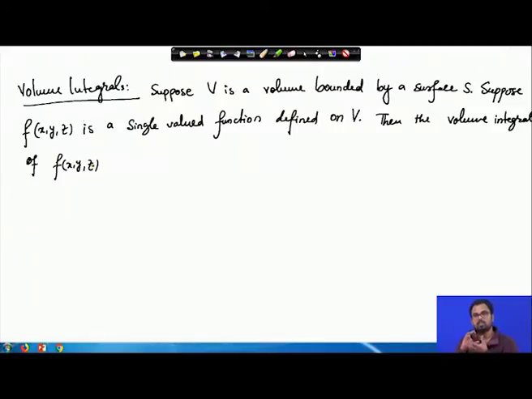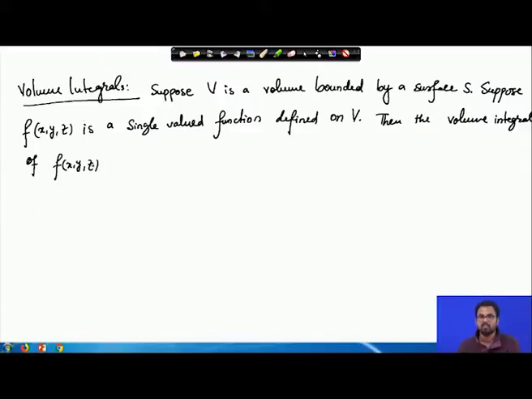You consider sub volumes on V, sum the volumes of those sub volumes times f, and take n tends to infinity, and that gives you the volume integral. So the motivation is pretty much the same as for functions of one or two variables.